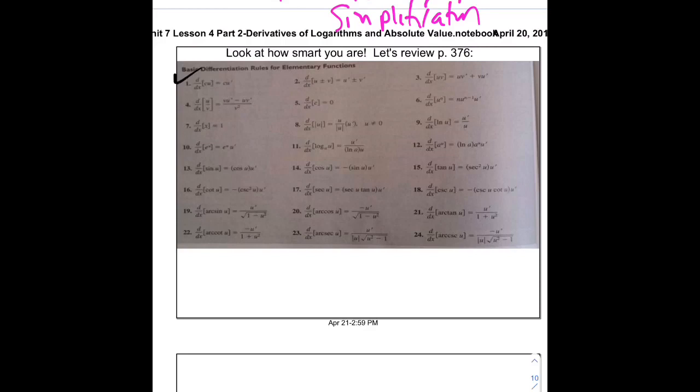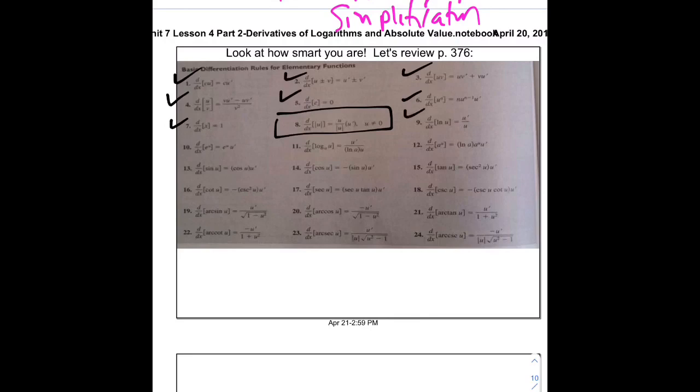Number 1 is constant multiple rule, sum and difference, product rule, quotient rule, constant rule, power rule, identity rule. This is the one we didn't cover. It's pretty straightforward. If you want to differentiate an absolute value, it's the stuff inside the absolute value over the absolute value, and then you use chain rule. I know that didn't really come up much, but just add that to your repertoire.